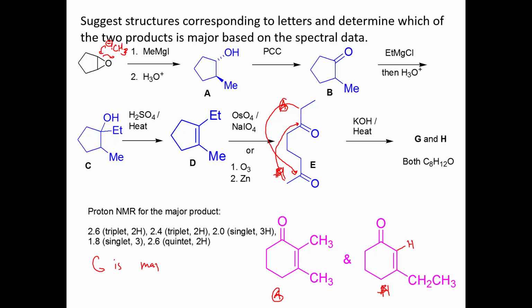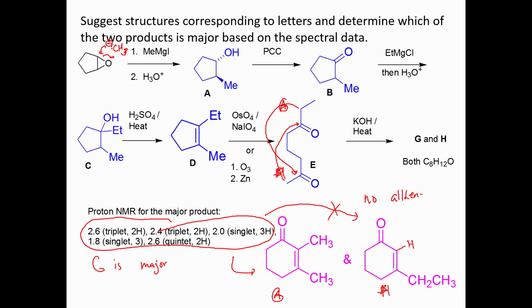G is major. The spectral data here matches this. It does not match this. We expect that alkene hydrogen to be at 5 to 6 ppm or something like that, so that's not there.